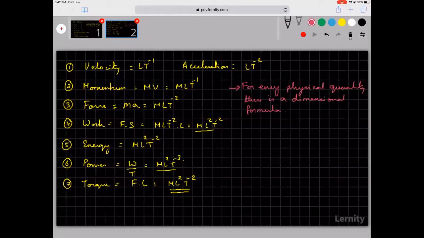So here we have dimensional formulas for certain physical quantities that we think we know. There are many more. We will learn how to find out. You are not expected to memorize these, but you are expected to know these.